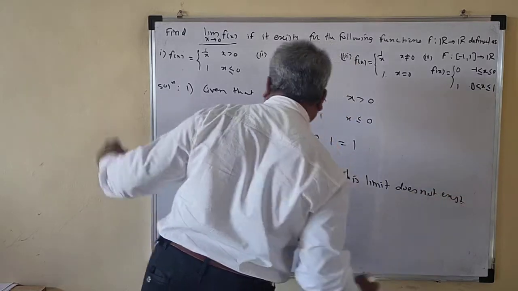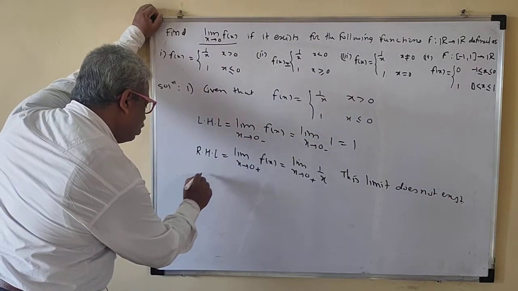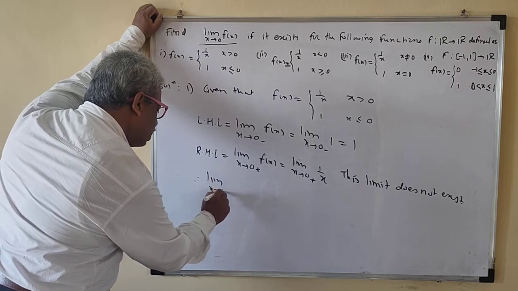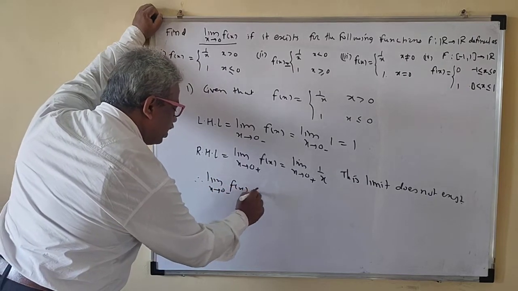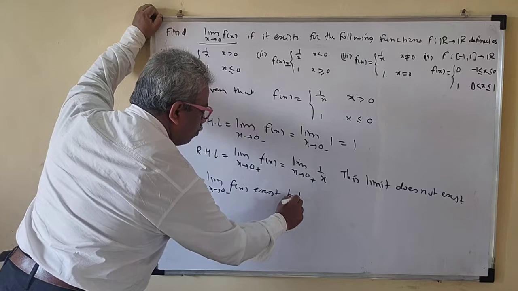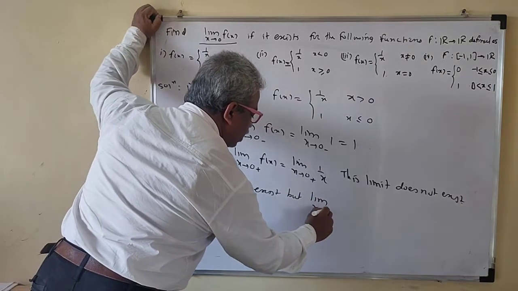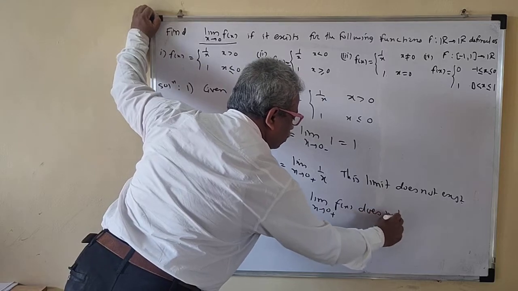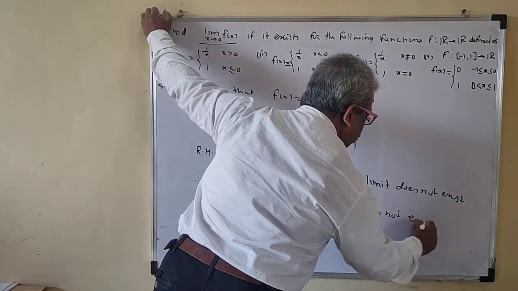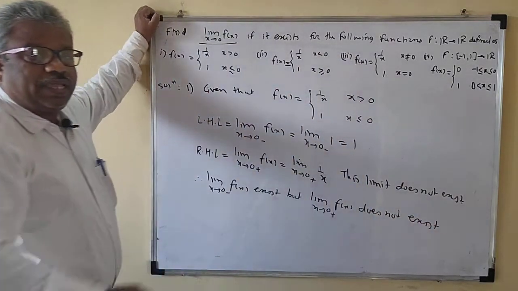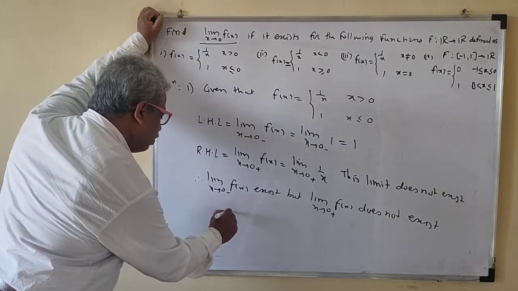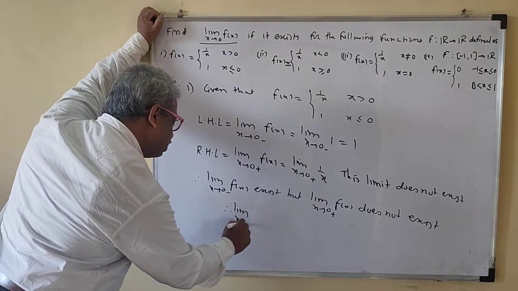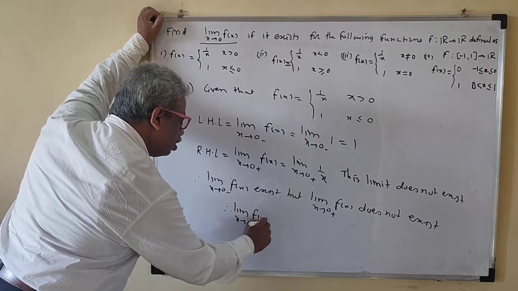So the limit as x tends to 0 minus of f of x exists, but the limit as x tends to 0 plus of f of x does not exist. Both should exist and both should be equal. Therefore the limit as x tends to 0 does not exist.